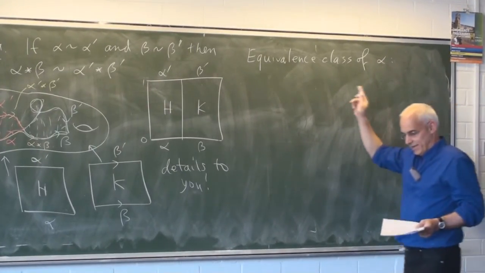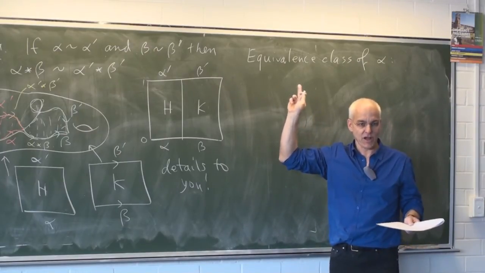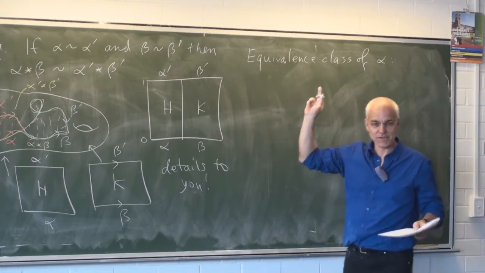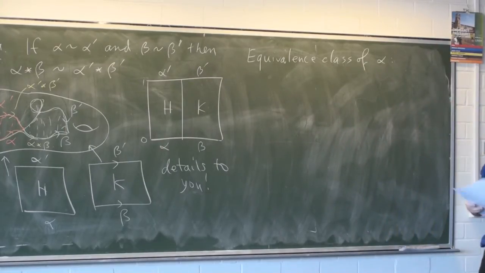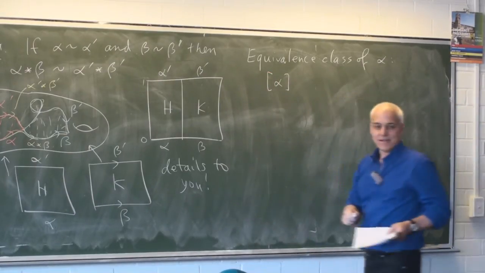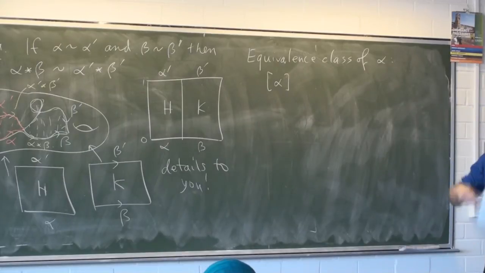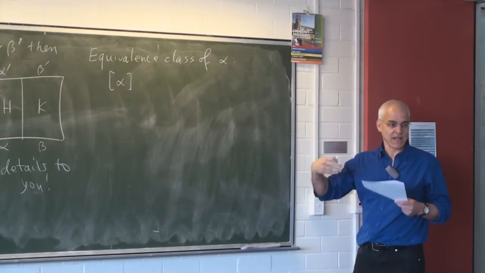Now, strictly speaking, this usually involves some abstract set theory that I do not approve of, because equivalence classes invoke all kinds of infinite objects, which I find unacceptable. But anyway, the standard thing is to define an equivalence class like this as the set of all paths which are homotopic to alpha. To me that's incomprehensible, but I still want to talk about something like that.